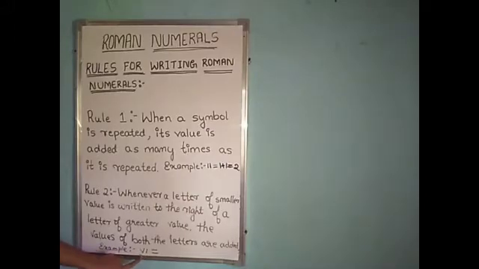I is written to the right side of the letter V. So, we have to add the numeric values of both the letters. So 5 plus 1 is equal to 6.